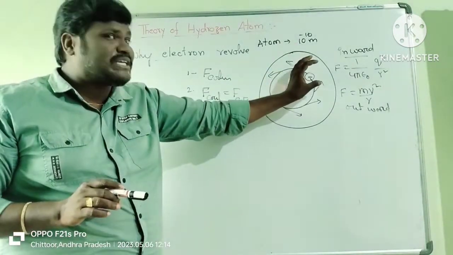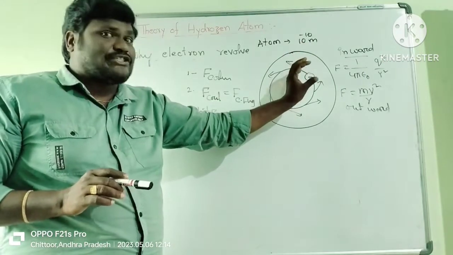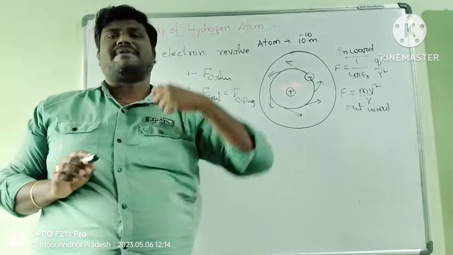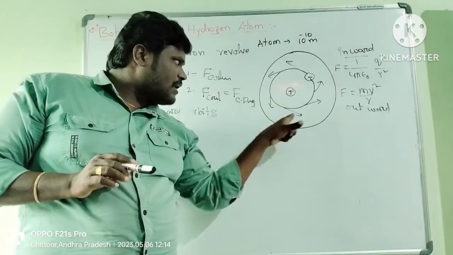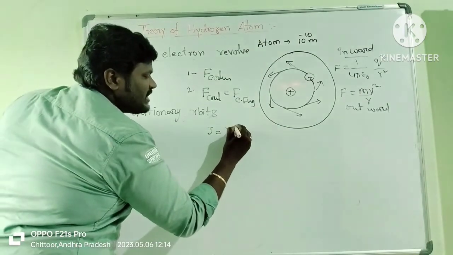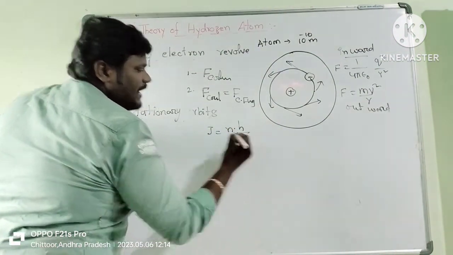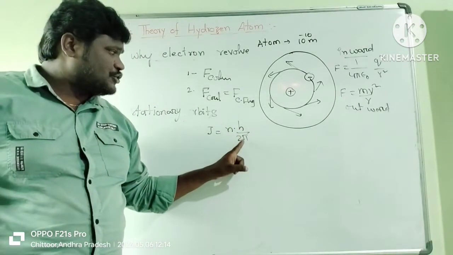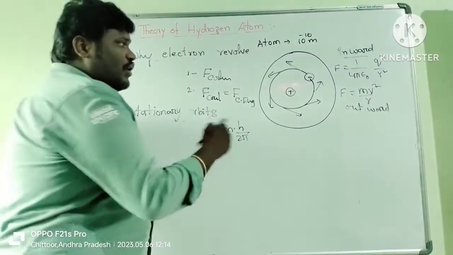Now the electron having this spin quantum number will get the angular momentum, which is called the angular quantum number. Now it has angular momentum around the nucleus in this path. That angular momentum is equal to nh by 2 pi, where n is an integer and h by 2 pi is a constant. What does 2 pi mean?